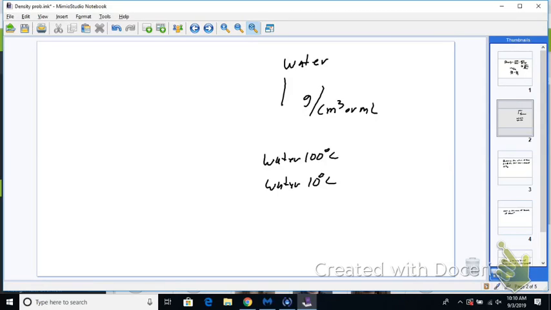So how could I represent this number better to show the difference between those two? How many significant digits are there in this number? 1. Okay? So how many do you think these would need to be able to tell the difference between them? Can we use 1 significant digit?